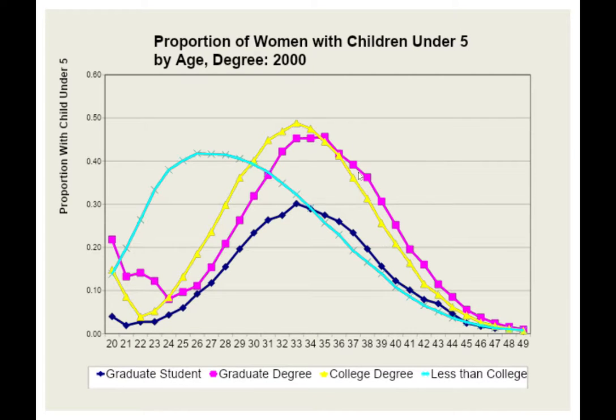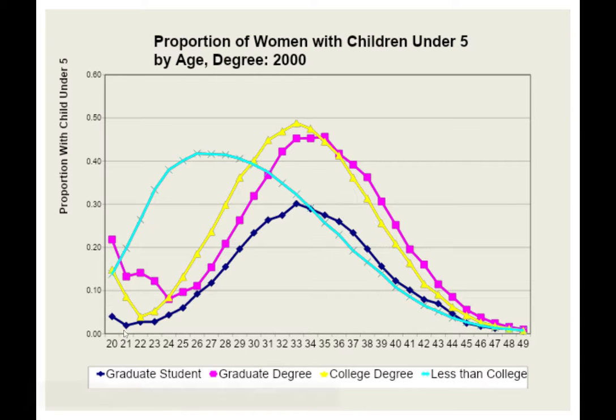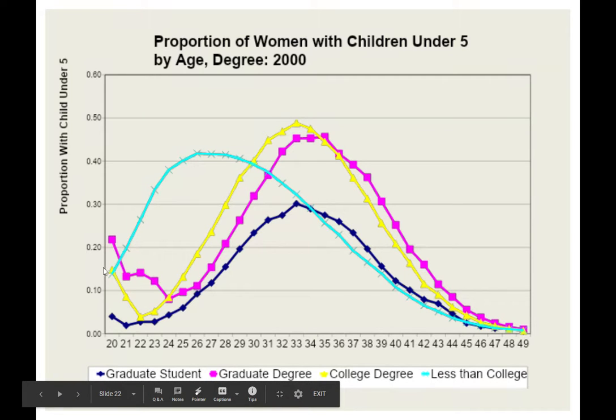And as women age, it becomes less and less likely that they have a child under 5, which makes sense because it becomes much more difficult to have children past your early 40s. By the time you get to 49, it's highly unlikely, just biologically, that there will be that many women with children under 5, at least biological children under 5. So this is able to show us these interval ratio variables, as well as the ordinal variables of the category.